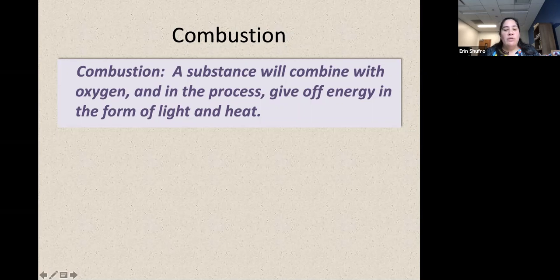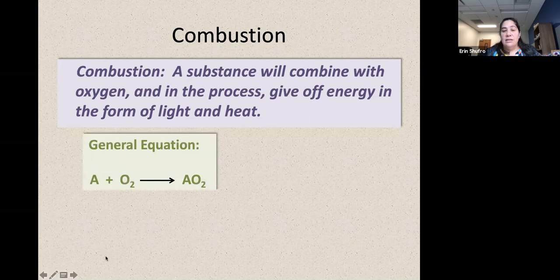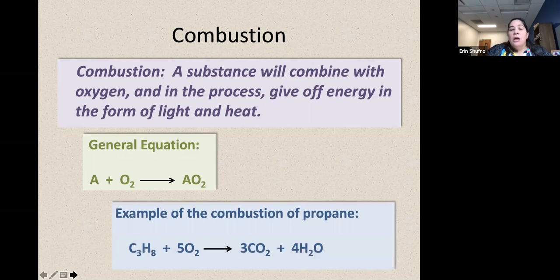The general format looks like this: you have some substance that combines with oxygen gas, and it gives off energy in the form of light and heat. In general chemistry, a combustion reaction is usually a carbon containing compound pairing with oxygen gas.